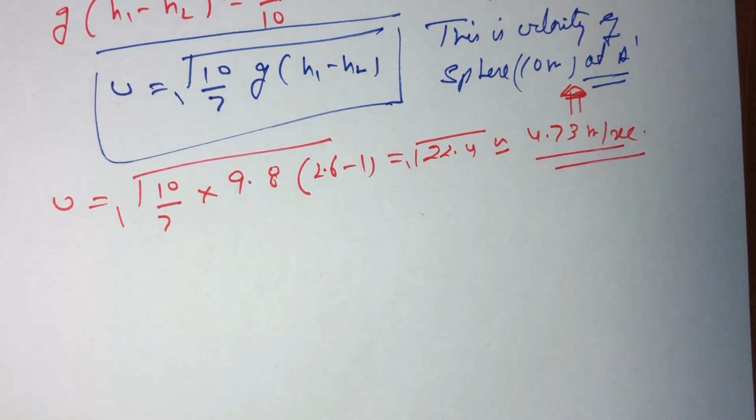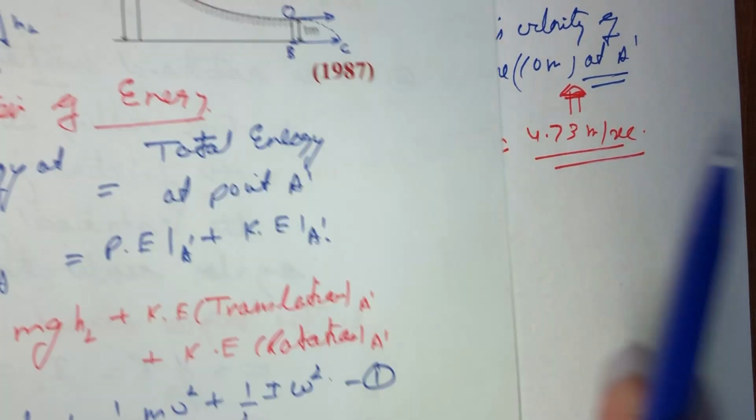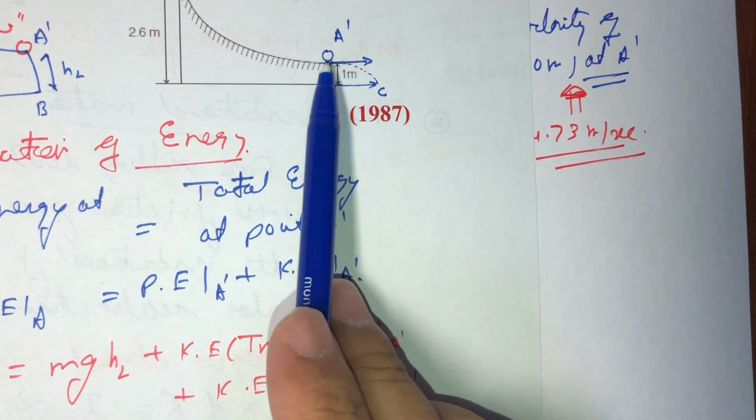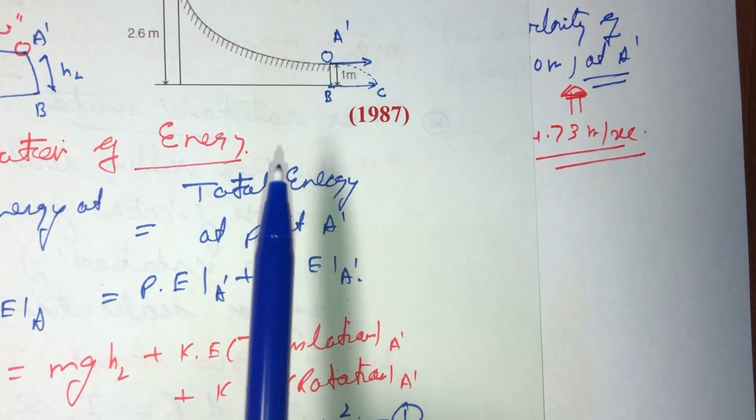Now we come to the next part, which states that after leaving this point A prime, the sphere is going to behave as a projectile.